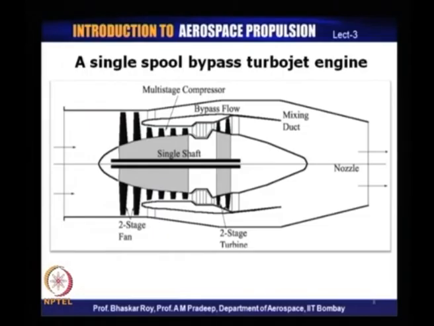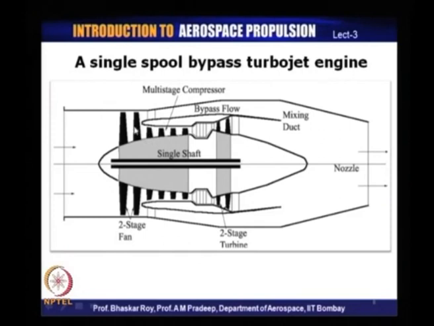The first one that we have here is a very simple single spool bypass turbojet engine. Now, this operates on the principle that we have talked about. It has a compressor, and in this particular case it has a larger compressor and a smaller compressor.